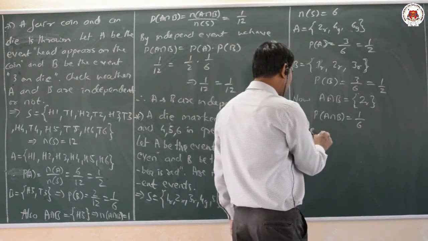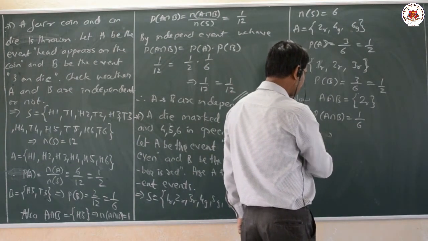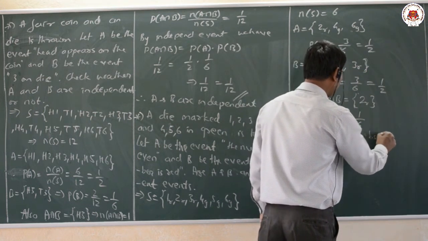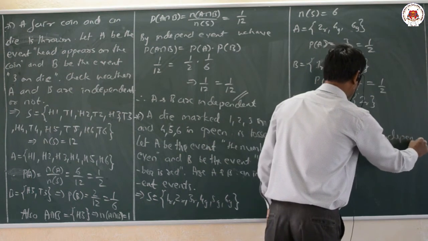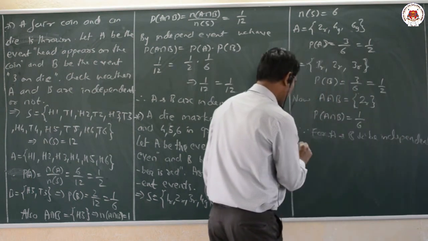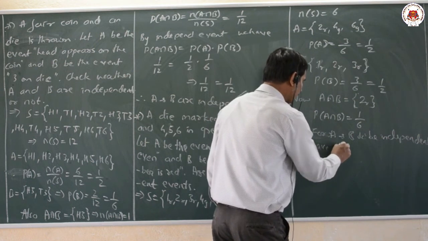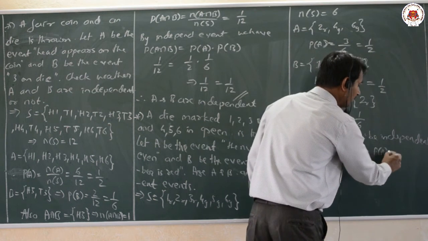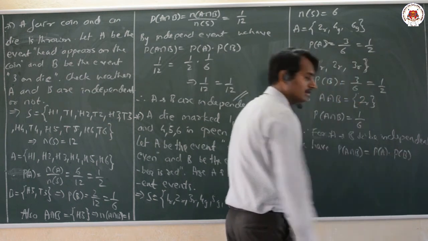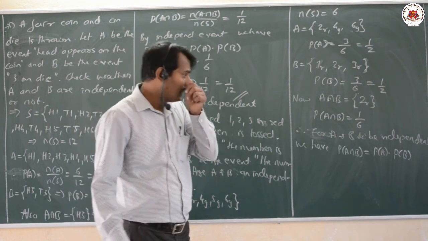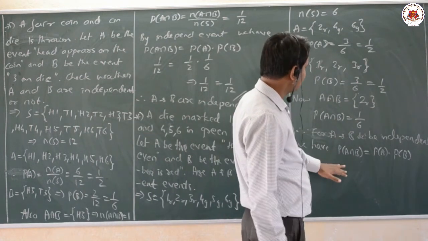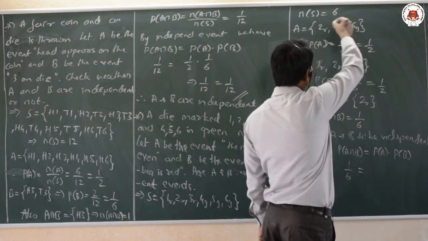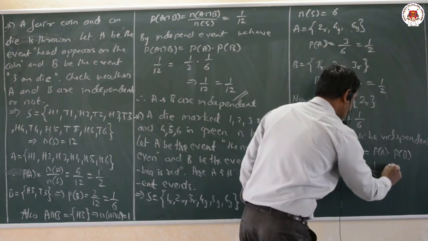Therefore, for A and B to be independent, we need P of A intersection B equal to P of A into P of B. The value for A intersection B is 1 by 6, which should be equal to 1 by 2 into 1 by 2.